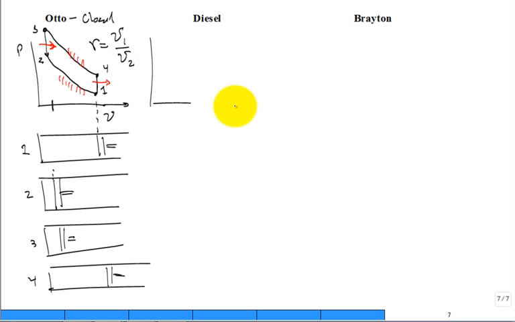Let's put that also on a temperature-entropy diagram. From 1 to 2, it's isentropic. Then 2 to 3, you're going along a line of constant volume, and you're heating it. And then from 3 to 4, you're coming down, expanding it isentropically, and then constant volume heat rejection from 4 back to 1.